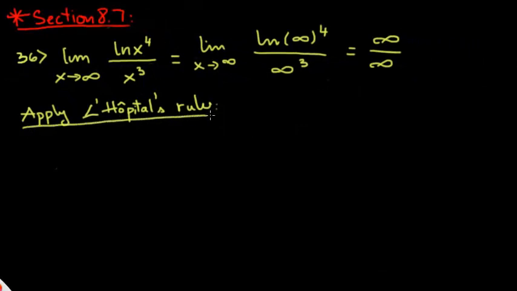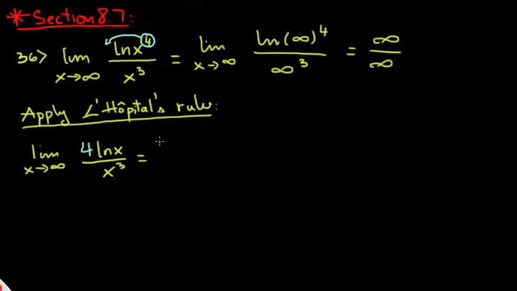So I will take the derivative on the top and also the derivative at the bottom. Before I do that, I can apply the power rule of the logarithm by bringing the 4 to the front to make my problem easier. So we will have 4 times ln x over x to the third.